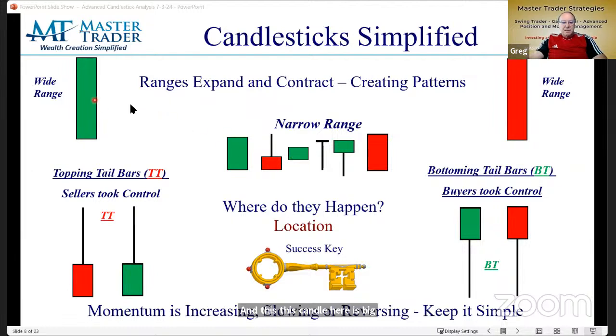Now, if I was to take this and drag it over here, we start to put together pictures that become more meaningful. So the takeaway here is just to recognize the simplicity of this. Small, narrow ranges communicate that momentum is slowing, and big ranges tell us that momentum is increasing.